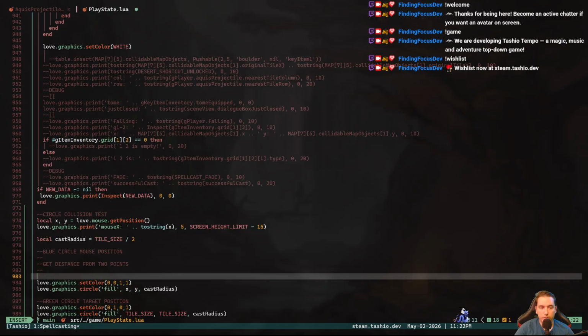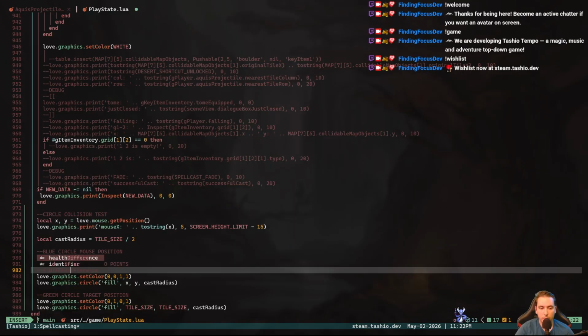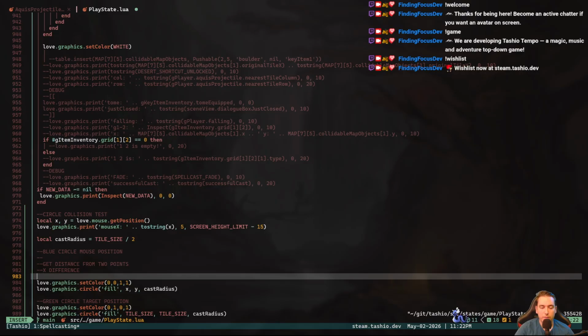So we'll first say, this would be our x difference. This is just a proof of concept to test that we can get circular collision detection working, which I've not done before. If this is successful, then we need to pull it out of this logic here in the play state and put it where it needs to go, which is probably in the projectile. Okay, so x difference.